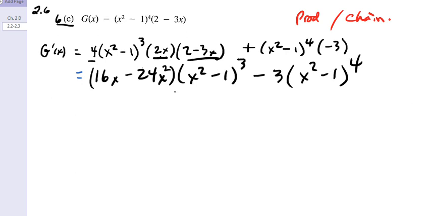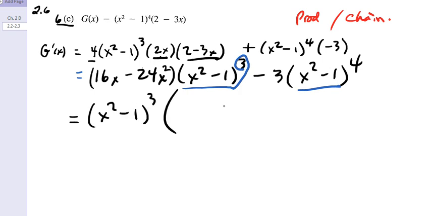So can we factor anything out of here? We can, actually. We have actually 3 of these in both, don't we? So if you were factoring, you would want to take that big factor out, (x squared minus 1) cubed. And what's left over? Well, this right here, and if you wanted to leave that as factored, so I multiplied that in, that's fine. But you actually could take an 8x out here, right?